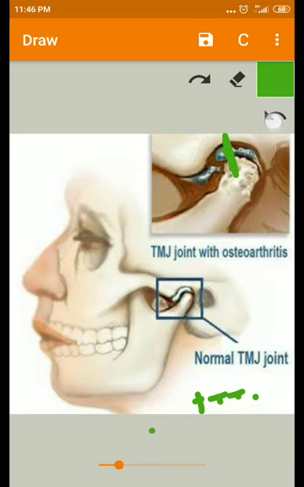So because of loss of posterior teeth, what will happen? Some space is created here. There may be a loss of this joint structure morphology.